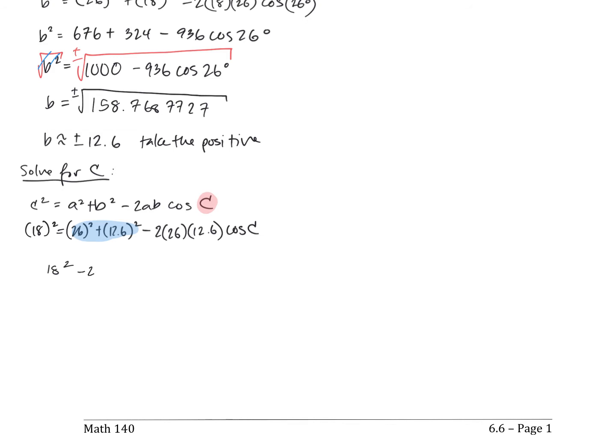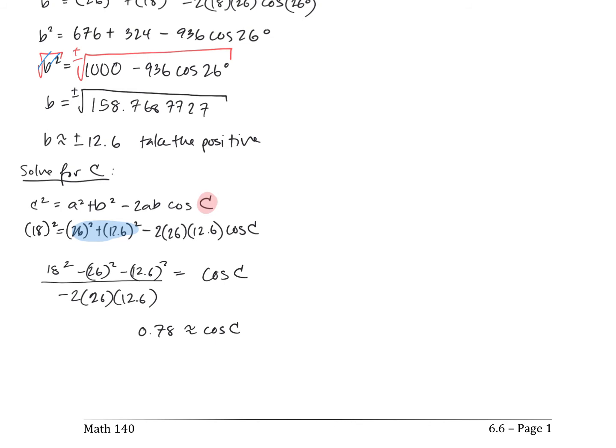So we'll get minus 26 squared minus 12.6 squared equals, now, skipping a small step, cosine of c, and we have divided both sides by negative 2 times 26 times 12.6. Then we can plug that into our calculator, and we'll get that 0.78 is approximately cosine of c.